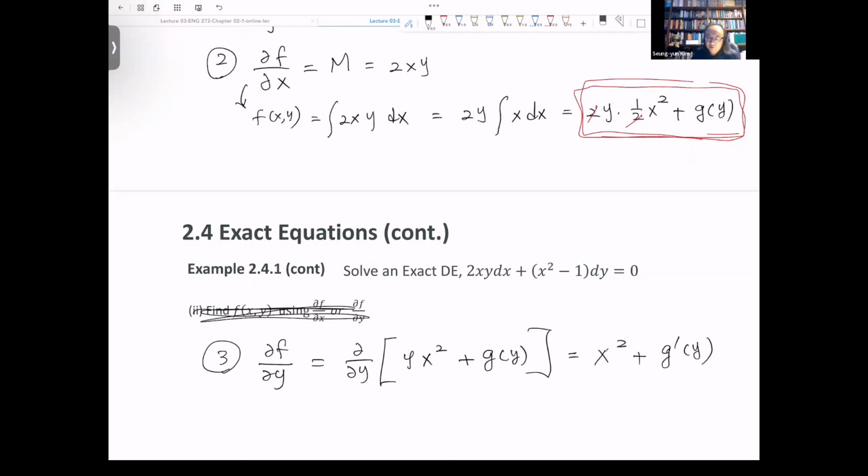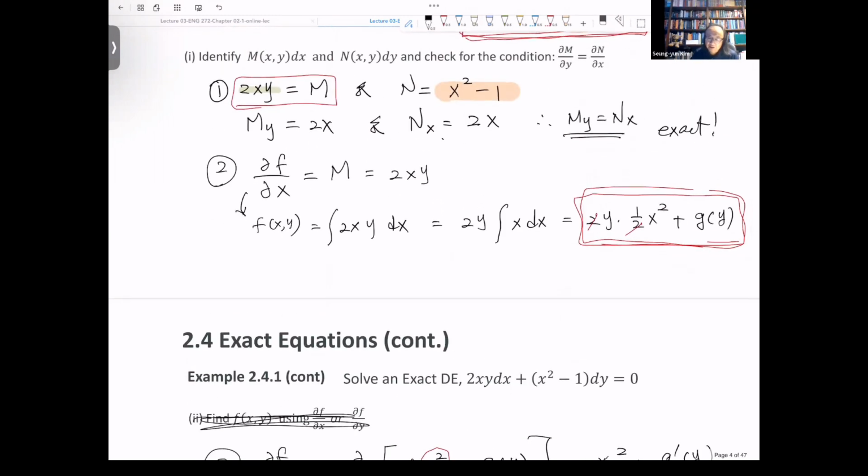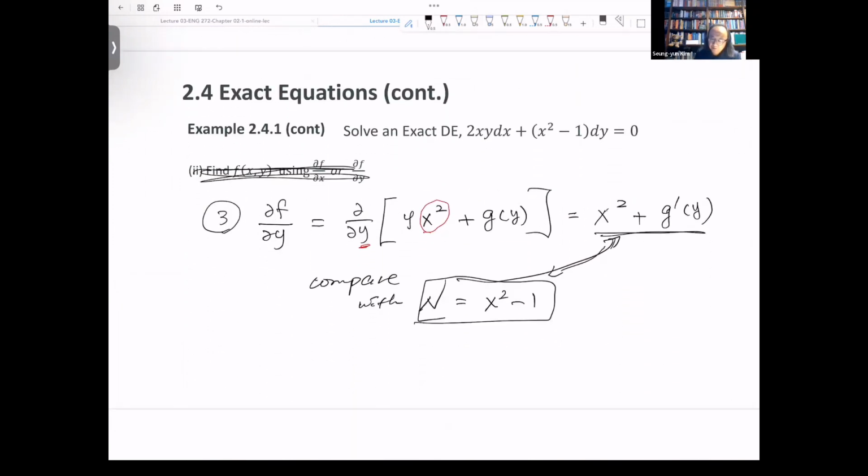In the first term, this x squared is the constant because we take the partial derivative with respect to y. Now compare this, and we have N equals x squared minus 1. That means g prime of y equals -1.